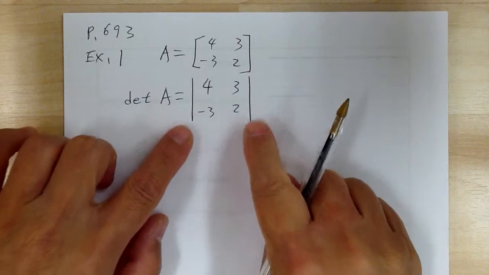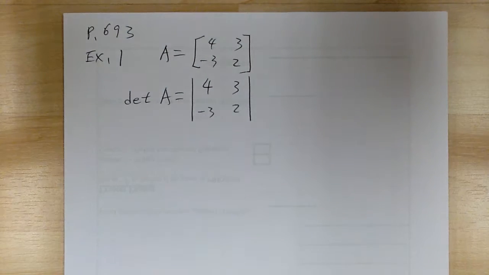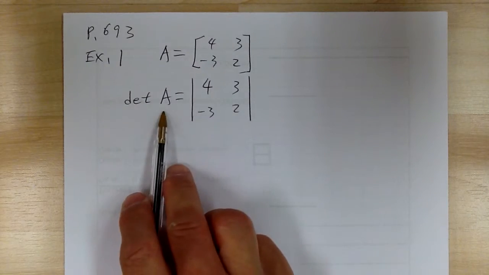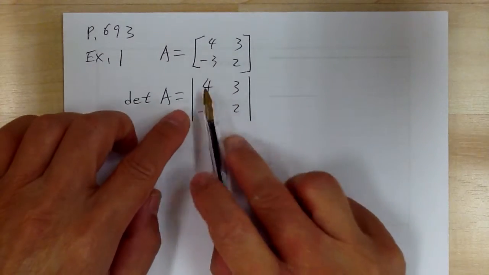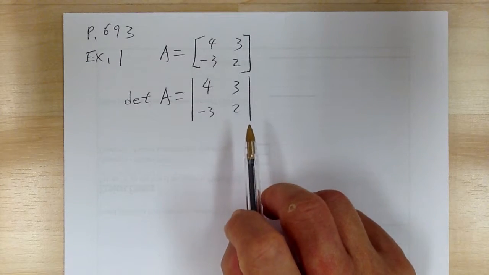Again, the 2 bars like absolute value mean to find a number. Remember with complex numbers, absolute value means the length, and it's a number, so it's the same idea. So the determinant of A is the absolute value of that, and it's going to come up with a single number.